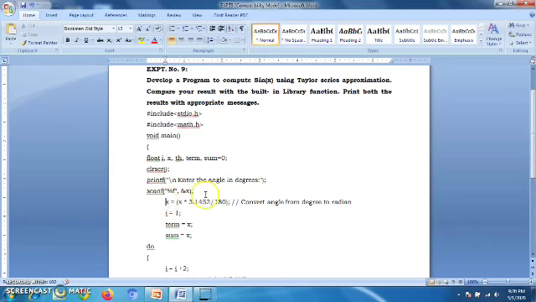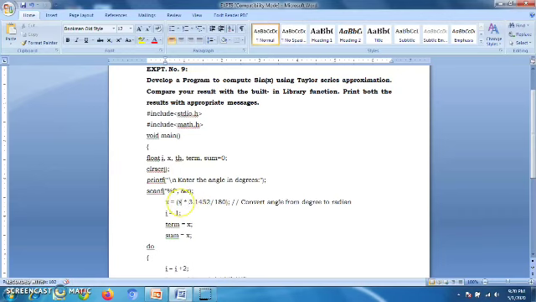We know that in order to use the Taylor series approximation, the value of x should be in radian. Here you have read the value of x in degrees, so you have to convert this value of x, that is angle in degree, to radian, and for that we have a formula.